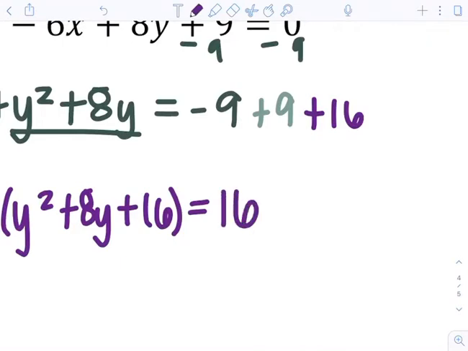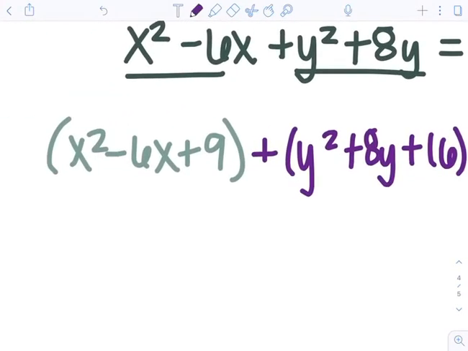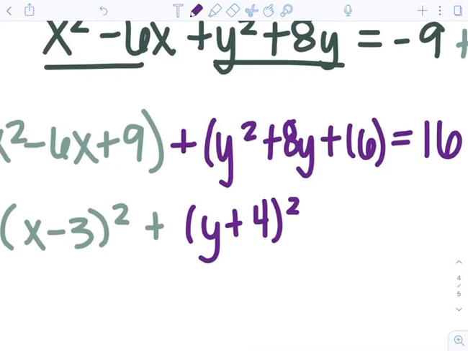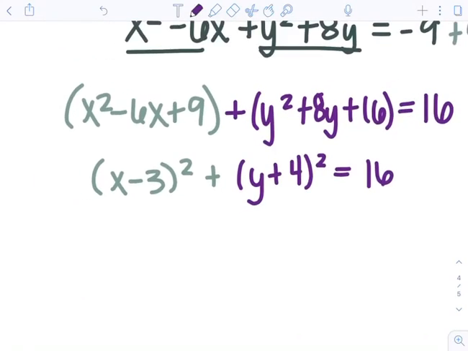Negative 9 plus 9 is 0, plus 16 is 16. So now you're going to factor each. So this becomes x minus 3 squared plus y plus 4 squared equals 16. Now it's in standard form.